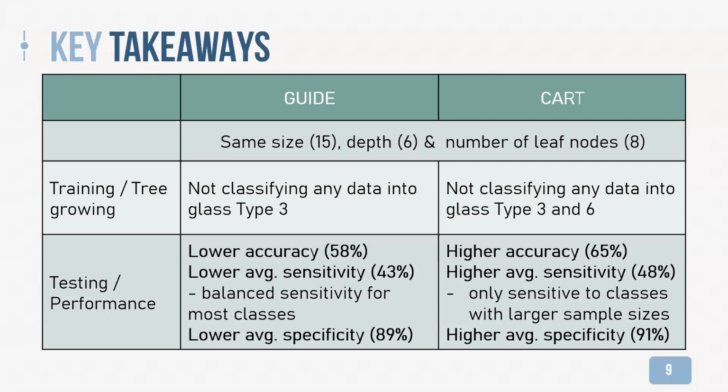The person who created GUIDE actually knew about it, and here is actually demonstrating that. So you see that although GUIDE's performance on this data set is actually lower, it can actually predict type 6. So think about it like this: if you give it a test data where everything is type 6, which one do you think will win?